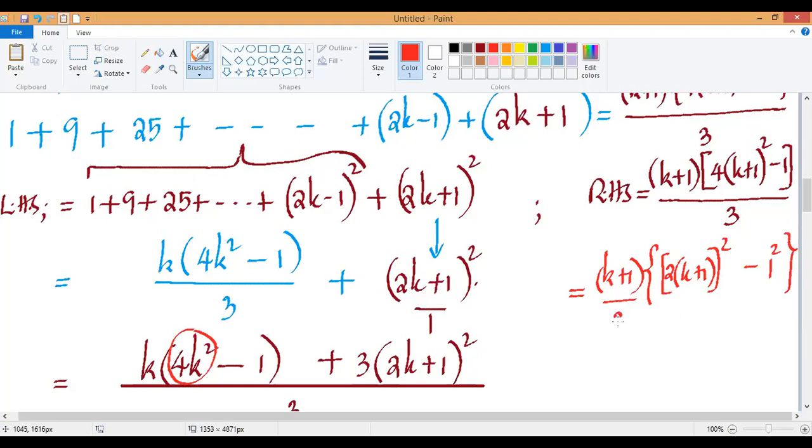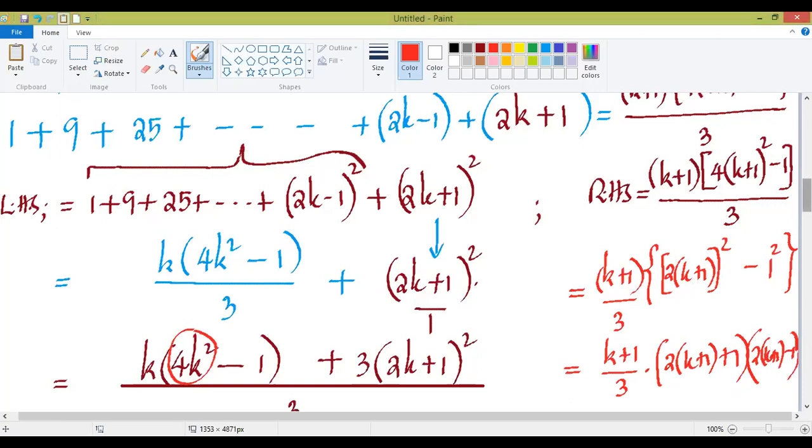But remember, there is a 3 weighting. I want to show you that they are the same. k plus 1 over 3. Inside here, you will have 2 brackets. 2 into k plus 1 plus 1, that's the first bracket, followed by 2 into k plus 1 minus 1.